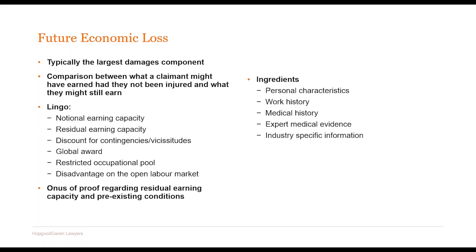Here we're looking at expert medical evidence about the occupations the claimant is now suited to, or perhaps the amount of work that they're suited to. There may be experts who say they can continue on in their pre-injury role, but that they're now only suited to part-time work. Or perhaps the medical evidence is that they're no longer suited to their pre-injury role and they need to move into a lighter role.